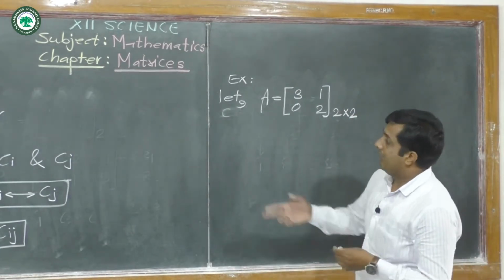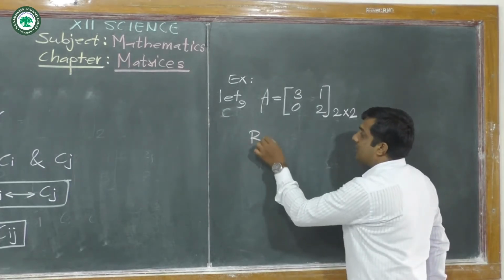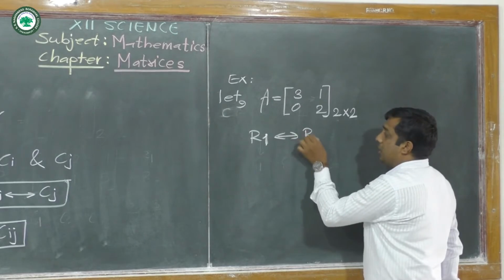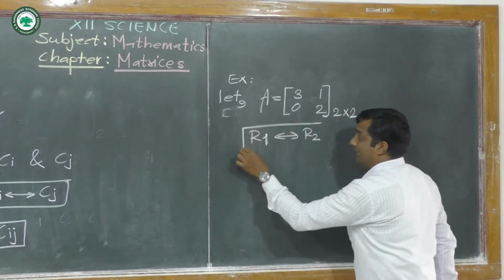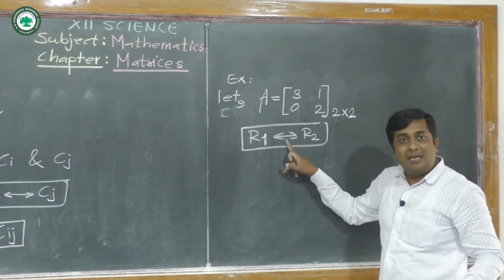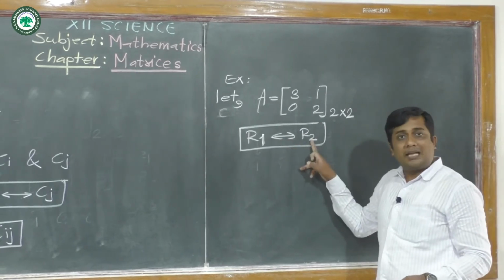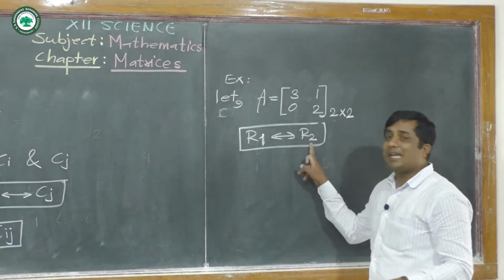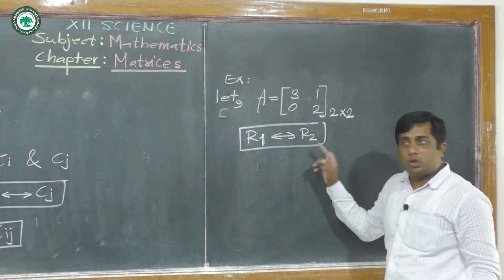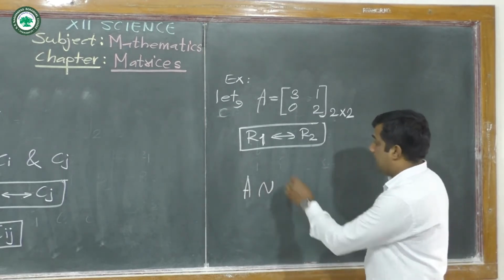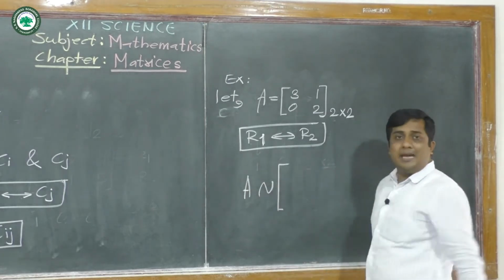Let us consider that we interchange our first row with the second row. Symbolically we denote like this: R1 double implies R2. That is, we have to interchange our first row with the second row. So here the new equivalent matrix is inside the closed bracket.